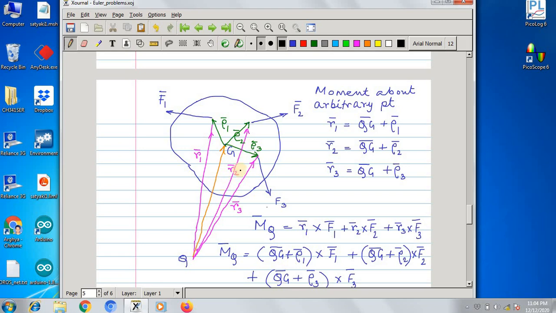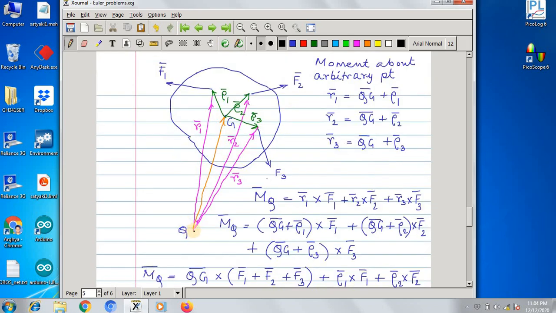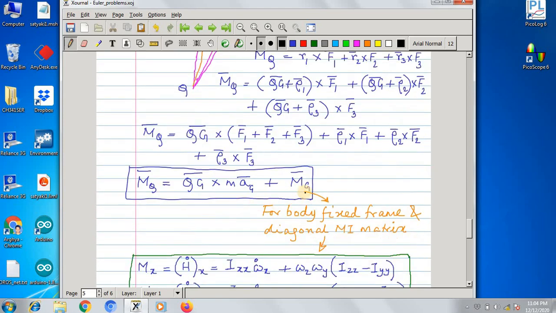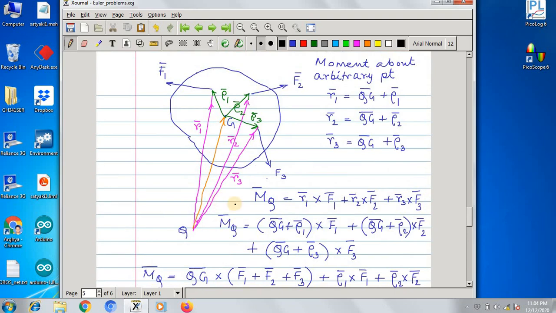Now if you want to apply it about any arbitrary point Q, then for MG you always use HG dot, but along with that, if you want to take MQ, an additional term has to be used. Okay, why is this?